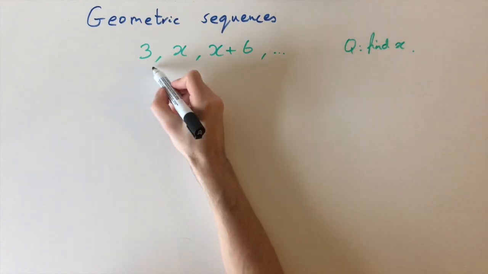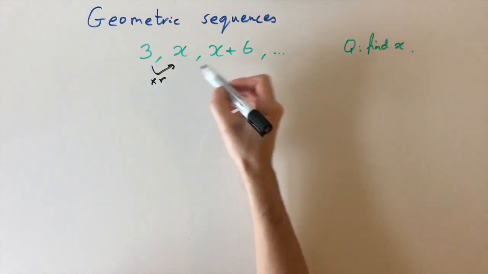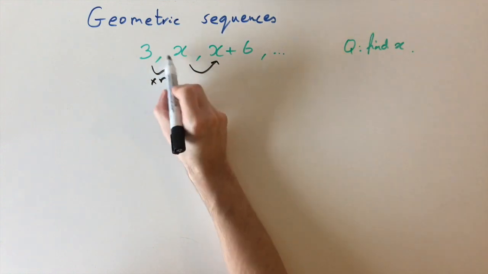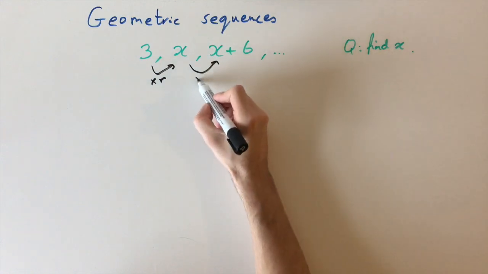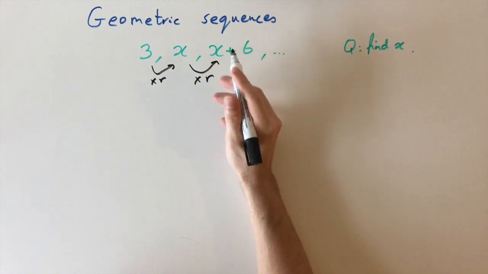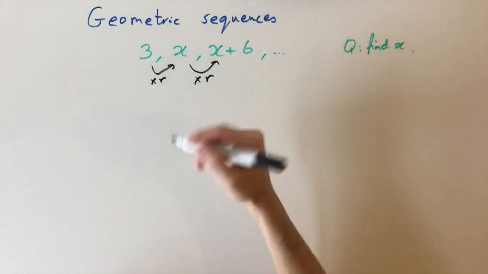Remember that to get between terms, we are multiplying by a number r, and this is fixed. So the number that we multiply by to get from the second to third term is the same; we multiply by r again. A way to find out what x is, is to think about the ratio between terms.